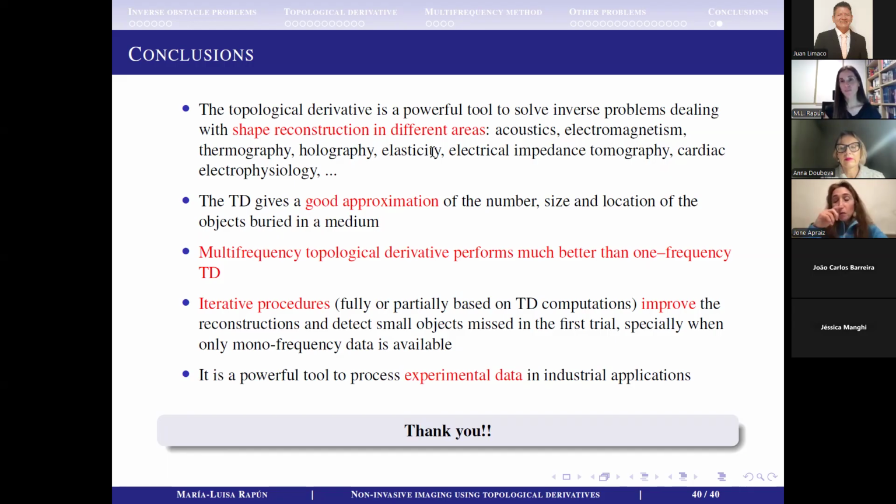And the reason why you use the shape derivative is to have more possibilities to compute it for reconstruction. Yes, that is the reason, because the formula is not practical.